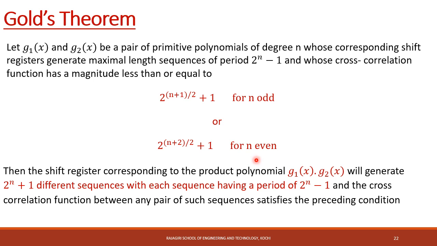For such cases, we are using the product polynomial, that is g1 of x and g2 of x, for generating Gold codes, and it can generate 2 raised to n plus 1 different sequences using sequences of period 2 raised to n minus 1.